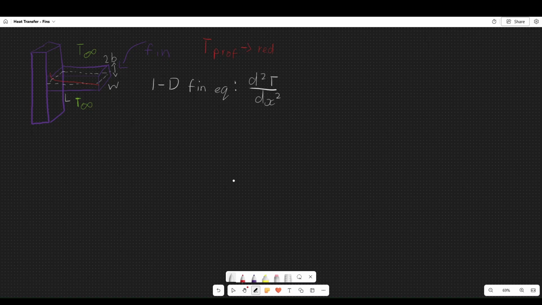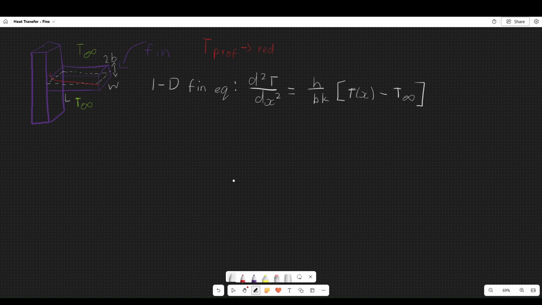So we have the second derivative of temperature with respect to position equals h over b k times the temperature difference. So b is that thickness that I was talking about, h is the heat transfer coefficient, and k is the conductivity of the fin, dependent on the material.